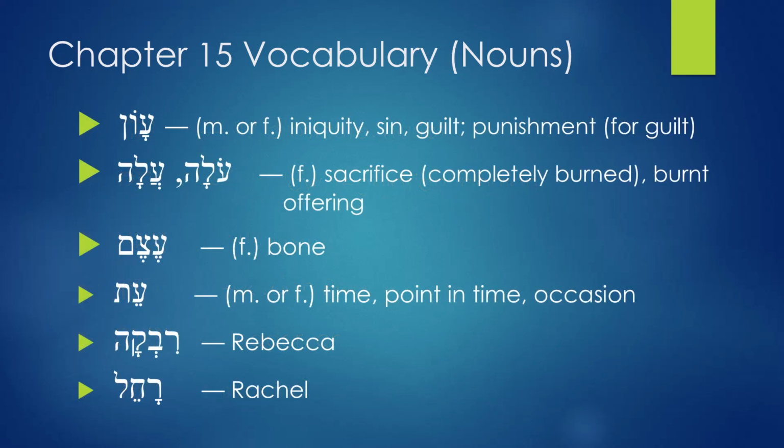Next we have avon. Avon means iniquity. It means sin or guilt or punishment. And then we have olah. Olah means sacrifice. Sometimes it's pointed as olah, sometimes it's olah.